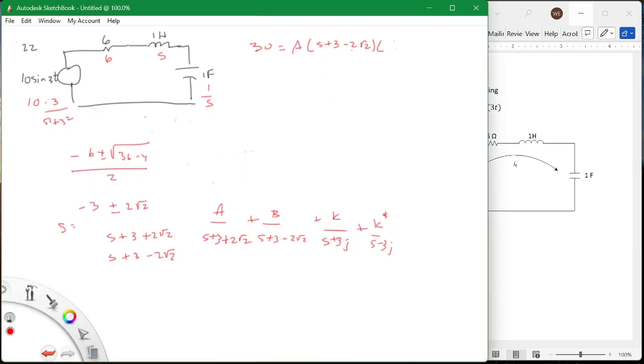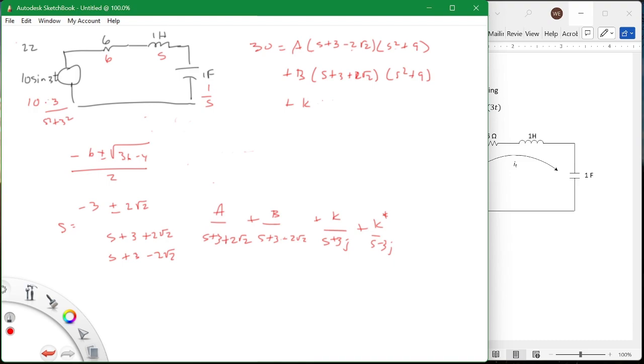And I'm just going to write it as s squared plus 9 plus B times s plus 3 plus 2 square root of 2 times s squared plus 9 plus K, what?